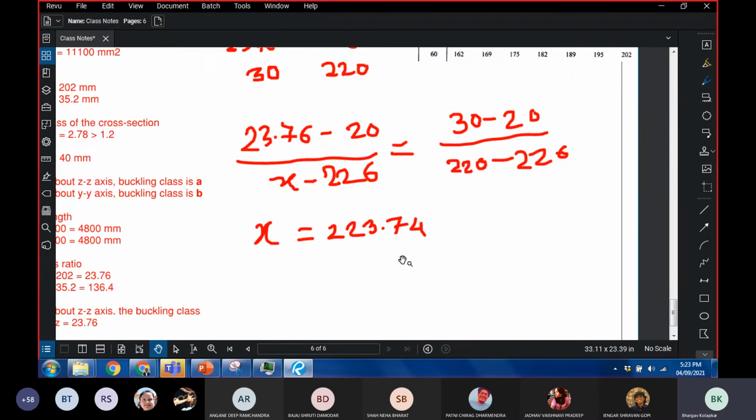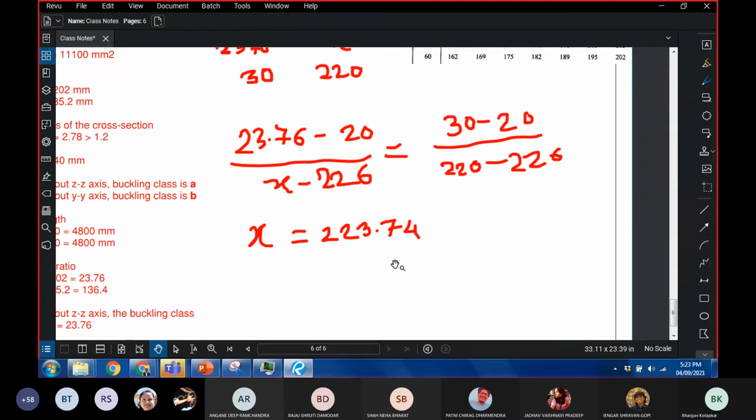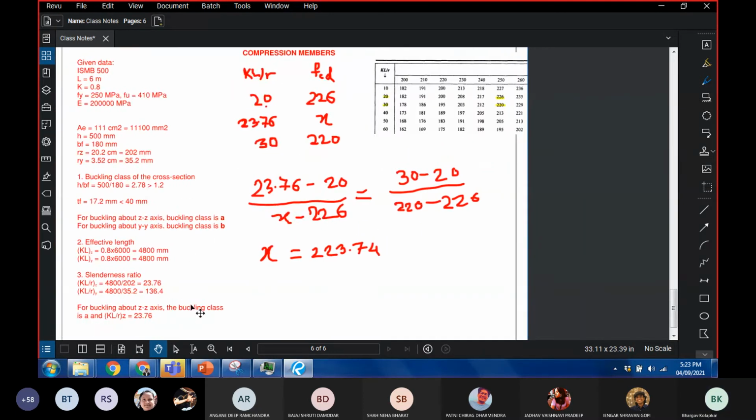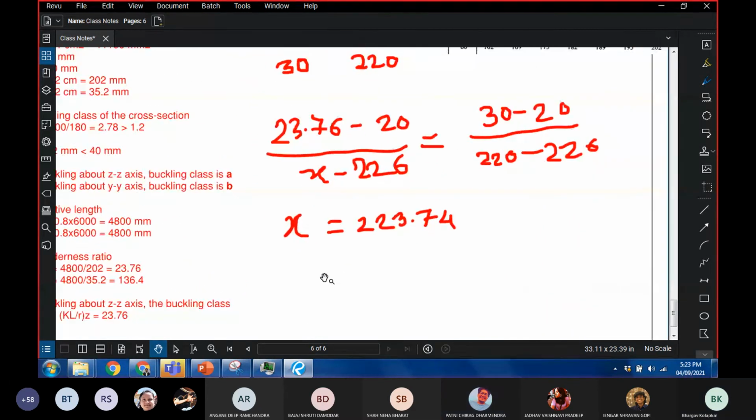What is the unit? MPa, megapascal, because this is stress.